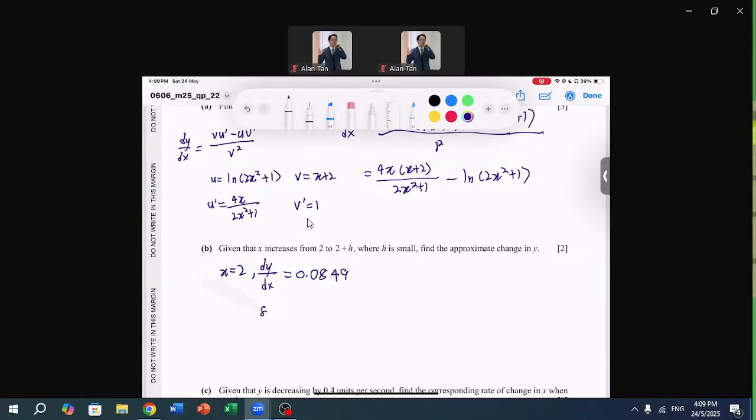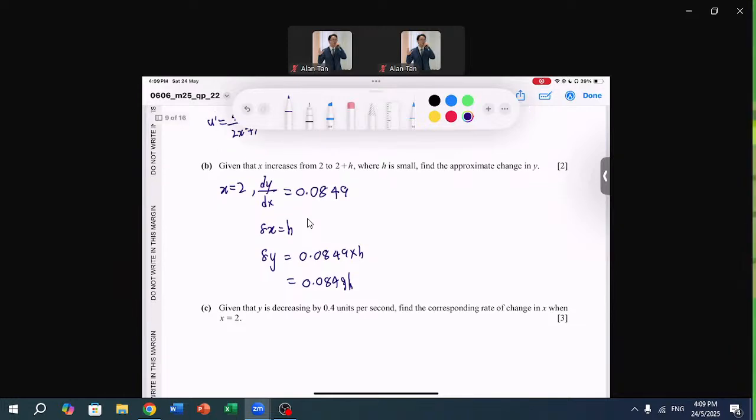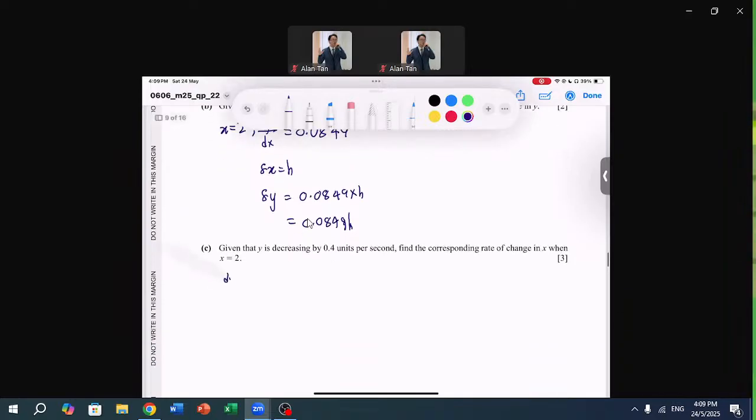Next, the difference in x is h. So delta y equals 0.0849 times h, which is 0.0849h. If y is decreasing at 0.4 units per second, in other words, now this is a rate of change, dy/dt equals negative 0.4.